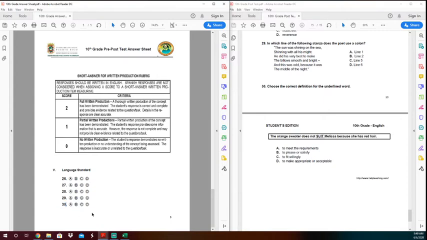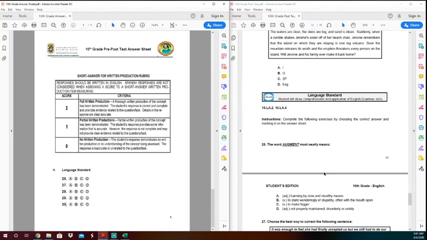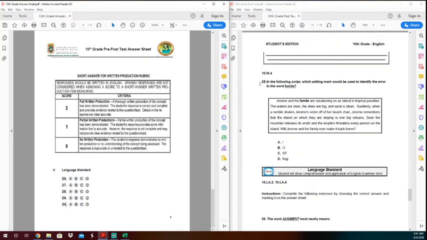Okay, does that make sense? I hope it does. All right, 25, 26, 27, 28, 29, and then 30. Because we have questions of that type starting from number 25, not starting from number 26, okay?